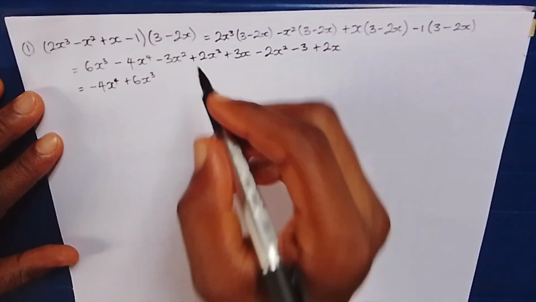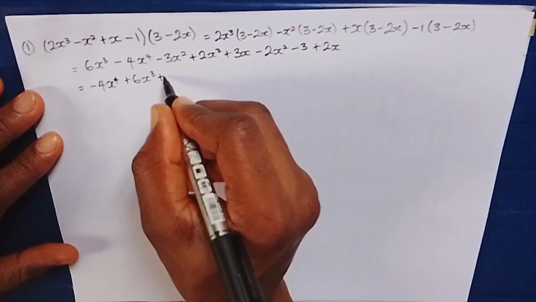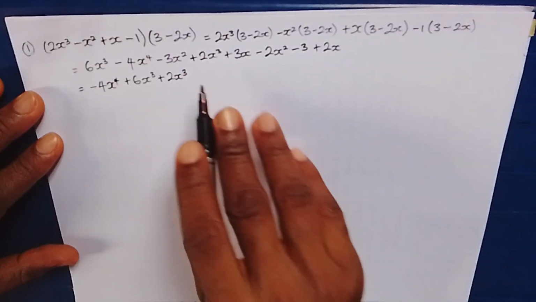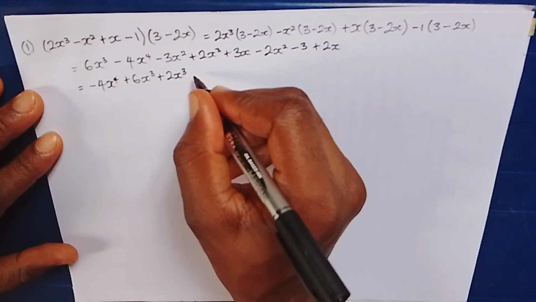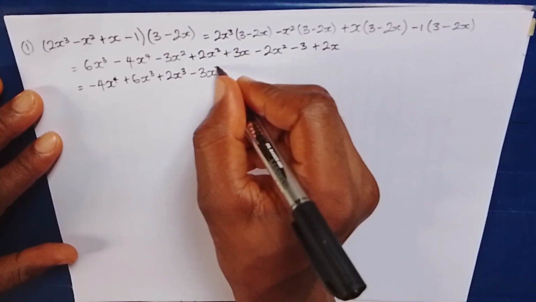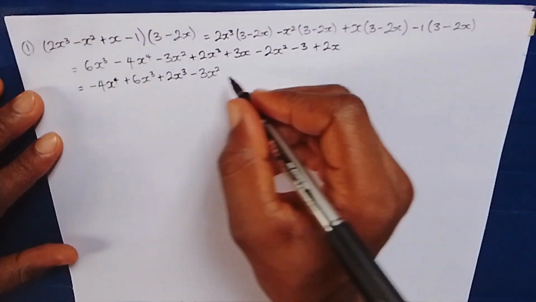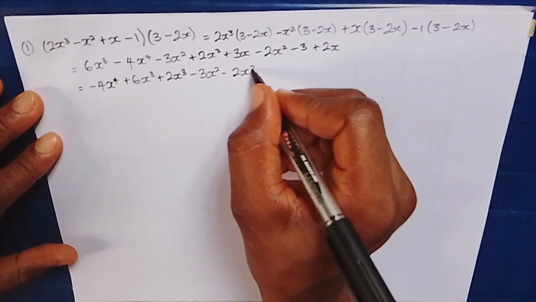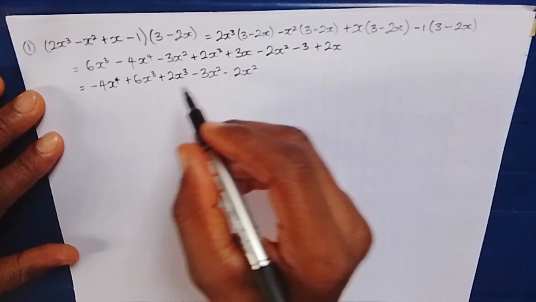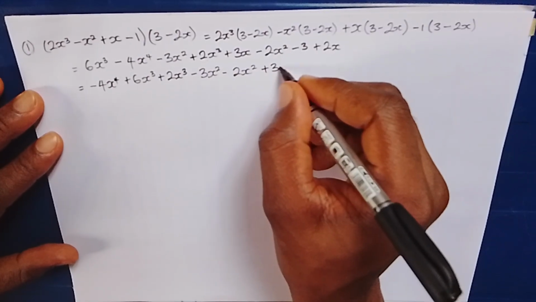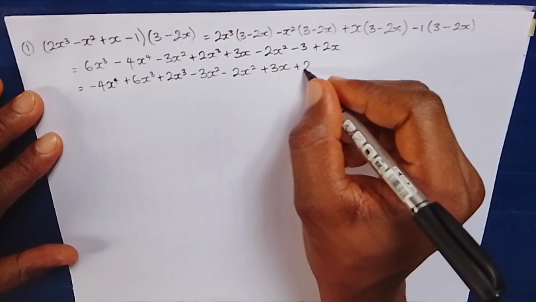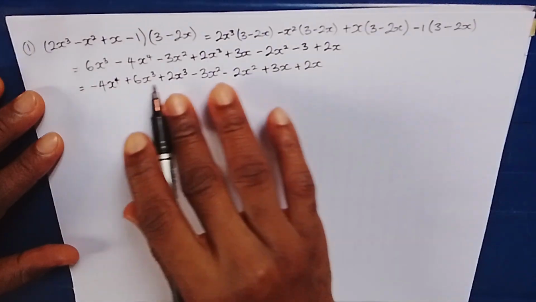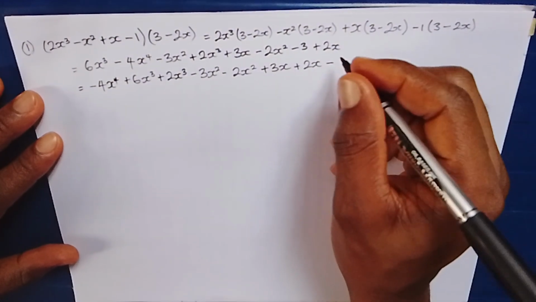Is there any other x cubed? Yes, we have this, so we have plus 2x cubed. Any other x cubed? No. So we'll move on to the next term. Minus 3x squared. Any other here? Minus 2x squared. Any other x squared? No. So we move on to x. We have plus 3x plus 2x. Move on to the constant. We have only one constant, which is minus 3.